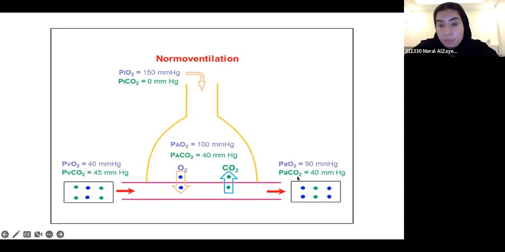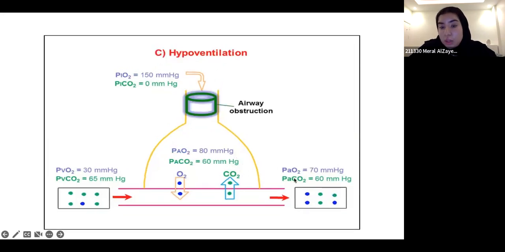It's the same thing as here. Remember how in the normal we said that the partial pressure of oxygen decreases on the arterial side compared to the alveoli, and the carbon dioxide stays the same. It's the same for hypoventilation. It's just that the values are much lower because the patient is in a hypoventilation state, but still the arterial side compared to the alveolar side decreases.